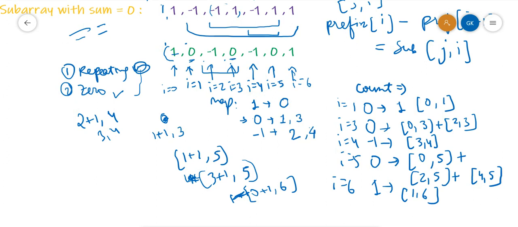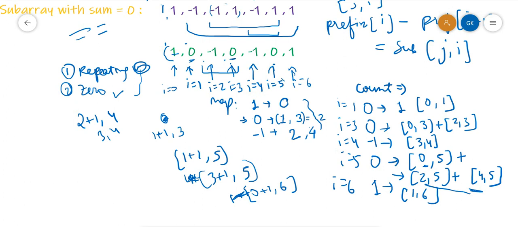So if we are given to only count the subarrays, we don't actually need to store all the indices in our map. We can simply store the count. So let us say I am at I equal to 5. If we stored only the count, previously encountered 0 was 2, so we can say that there will be 2 subarrays contributing to our answer.